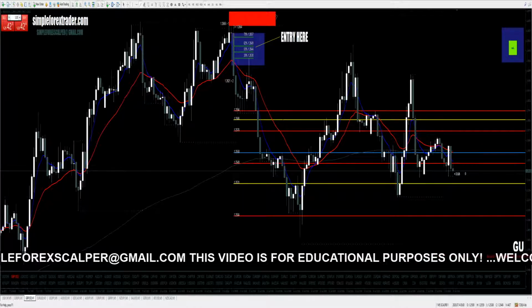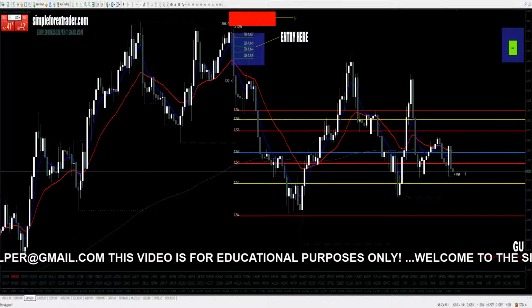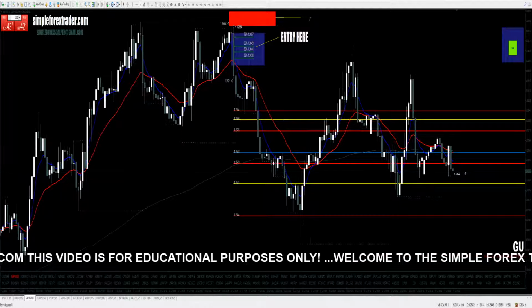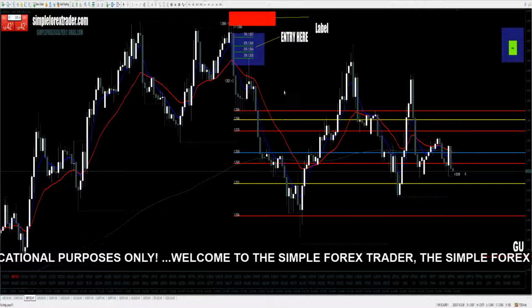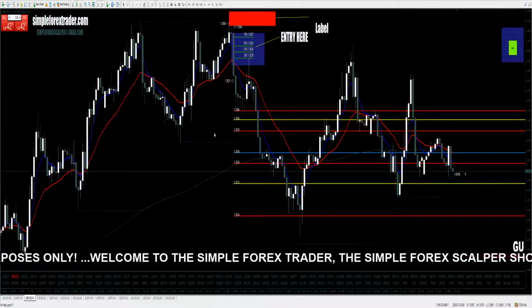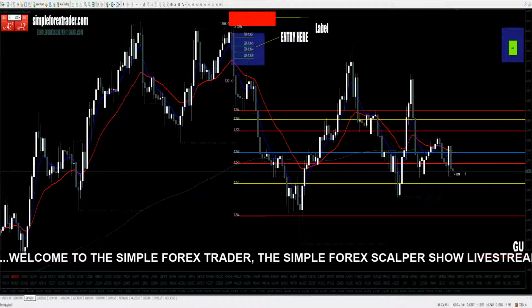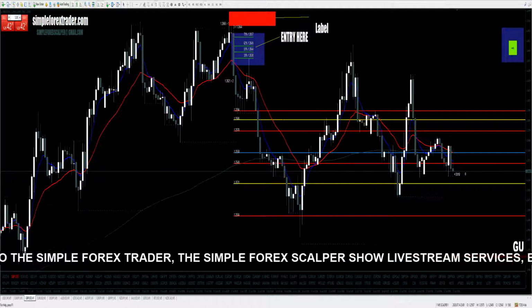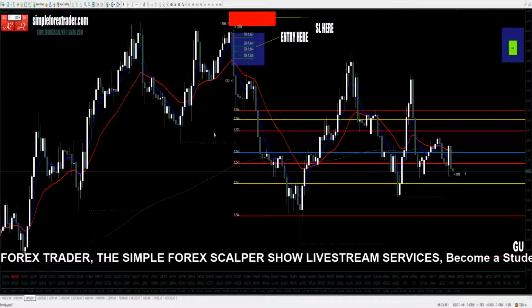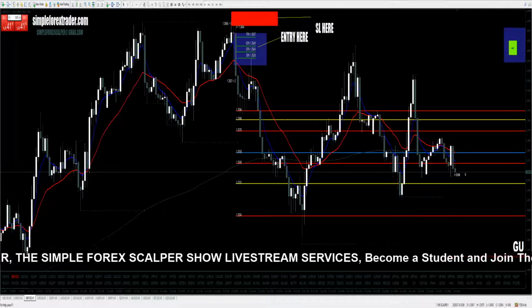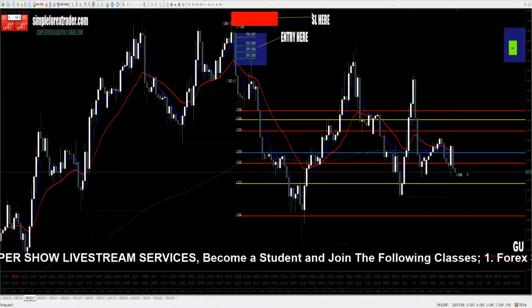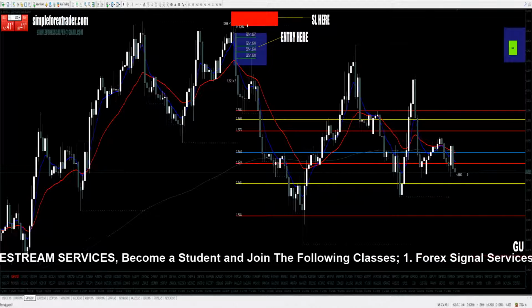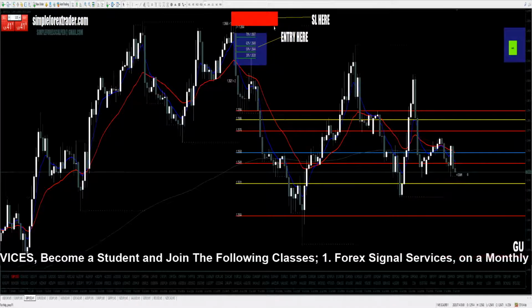Line is here. So I'll type in stop loss right here. Okay, right there, that's where the stop loss will be, this line here.